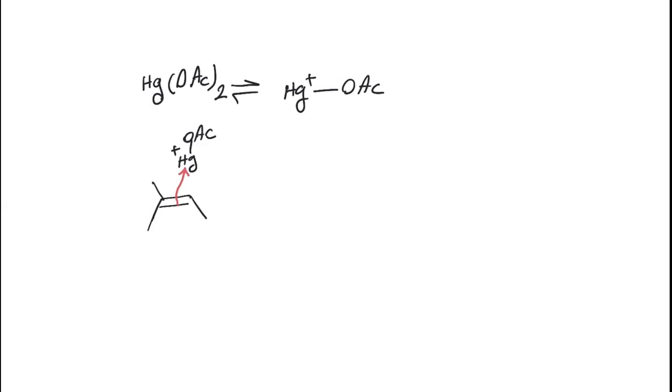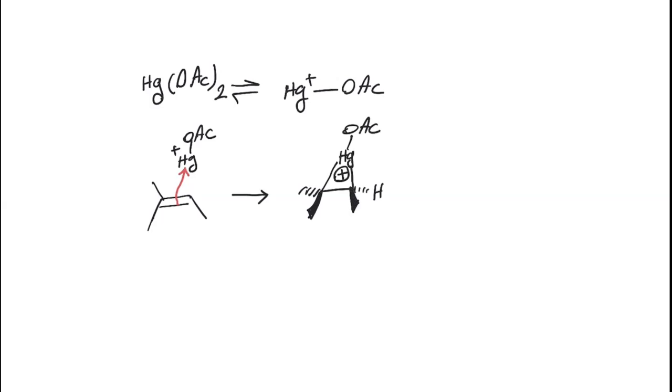And we expect a carbocation to form, but the actual intermediate of this reaction is this. Since Hg, mercury, is a large atom, it can overlap with both carbons. And a three-member ring forms, okay?